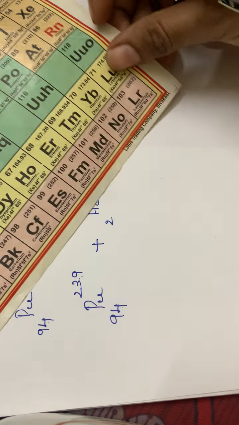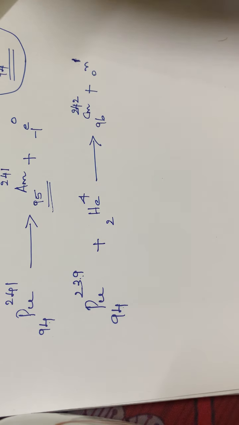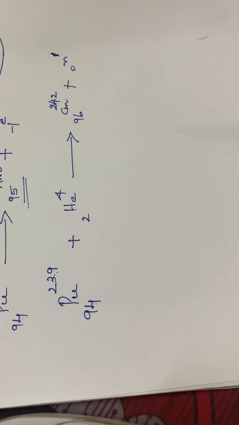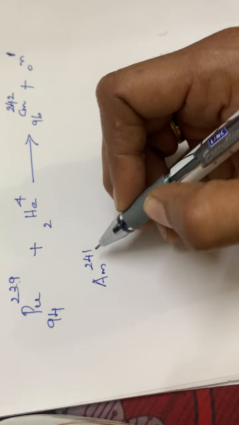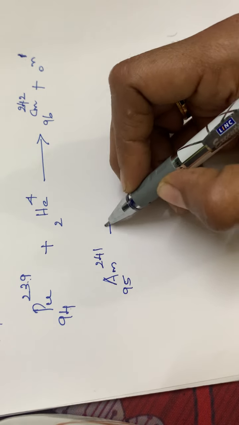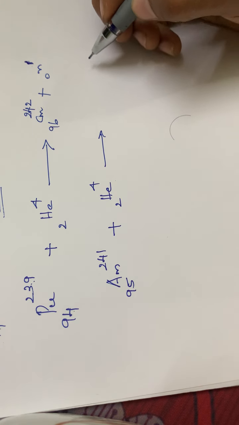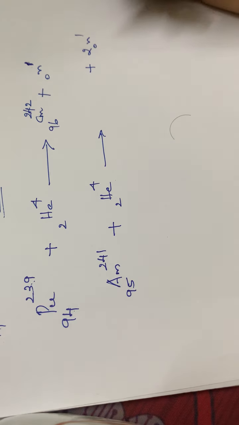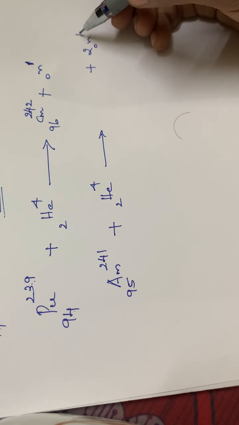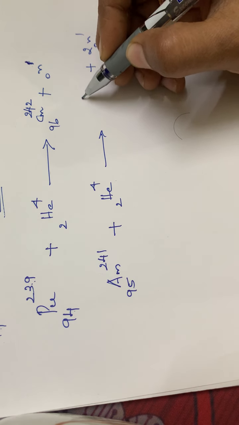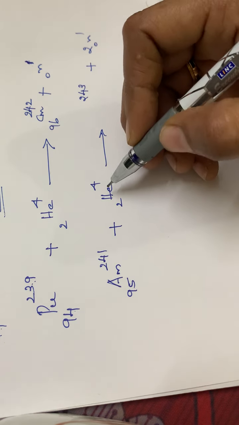Then the next element in the series is berkelium, isn't it? After curium it is berkelium. To prepare berkelium, the starting element is americium. So americium-241 (95) is bombarded with an alpha particle, He-4, and 2 neutrons will be emitted. 241 plus 4 is 245, and with 2 neutrons the resulting element will have mass number 243, since 243 plus 2 is 245.